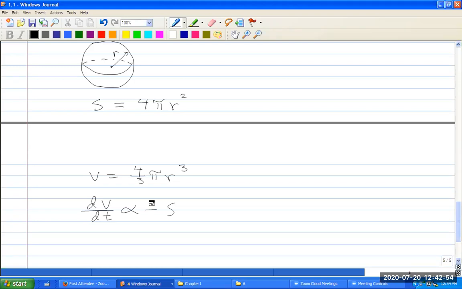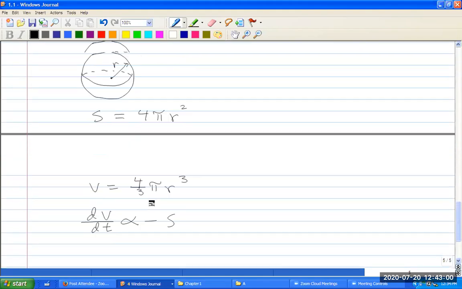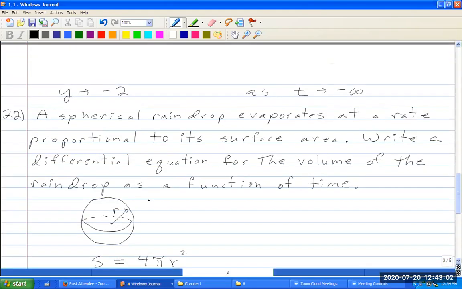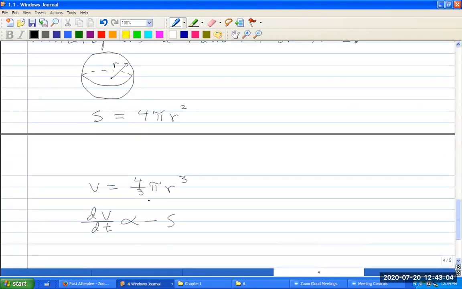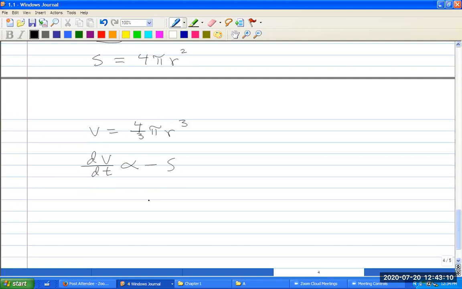Okay, so now let's see. I want to do this as a rate. Okay, so I have here that dV/dt equals minus CS, where C is some constant.